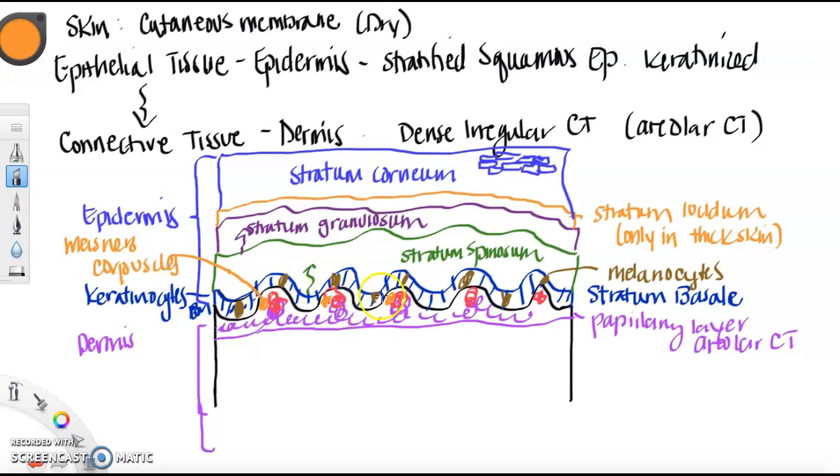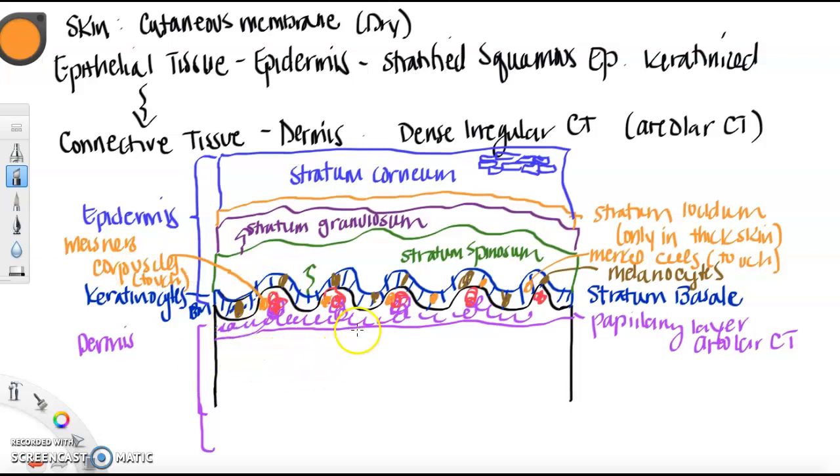There are receptors in the basal layer as well, right next to the dermis, called Merkel's discs, or Merkel cells. Merkel cells are touch receptors. Meissner's corpuscles are touch receptors.